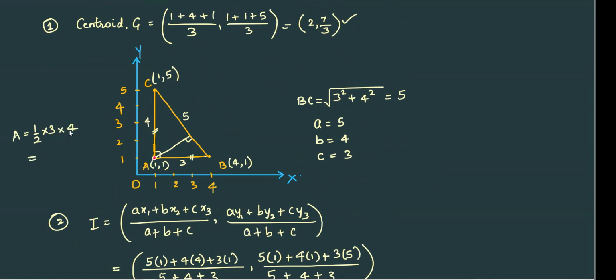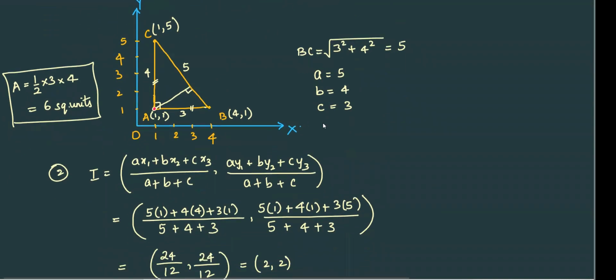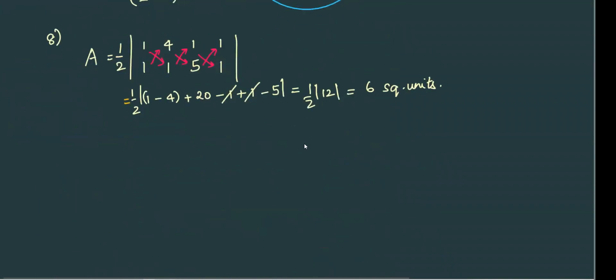So half into 3 into 4. So half multiplies with 4 to give 2. 3 into 2 is 6 square units. So this is much easier. If you visualize, you can do the problem very, very fast. You don't have to depend so much on the formula or these kinds of calculations, where there is a chance of making mistakes also.